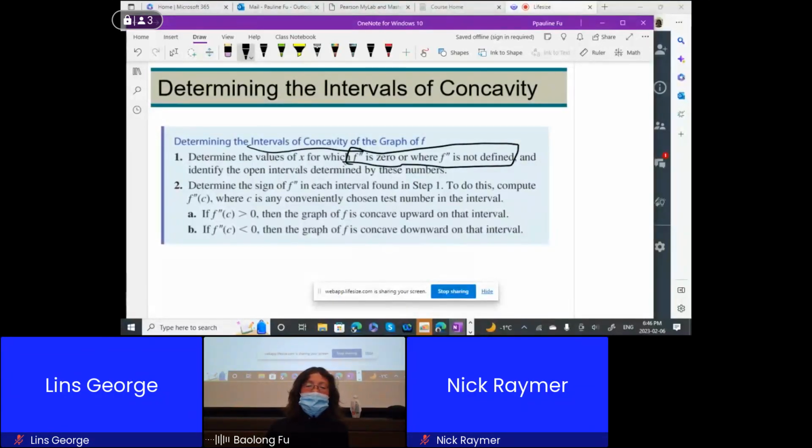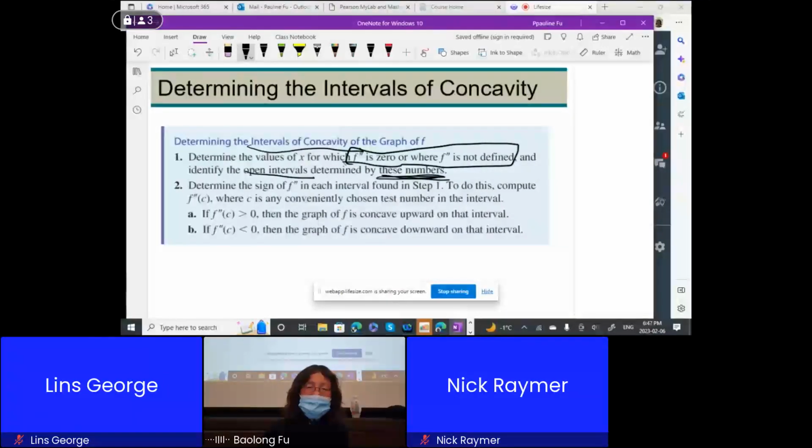Once you find these numbers, which make the second derivative 0 or make the second derivative not exist, you can identify the open intervals.